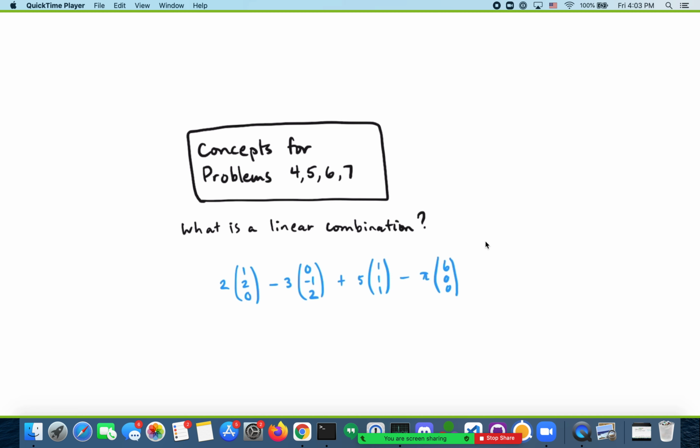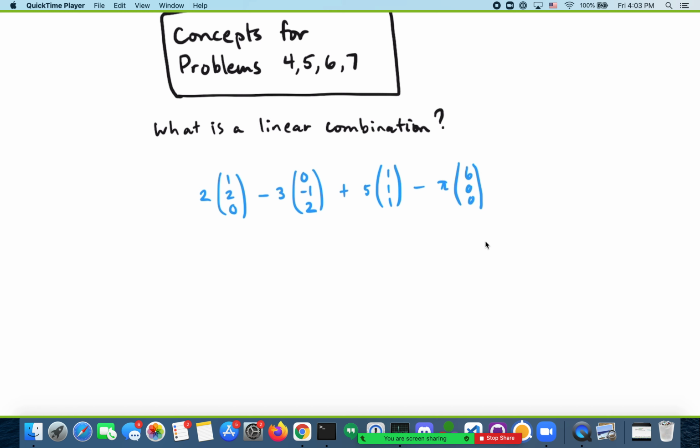Well, I always start with an example. So here's an example. This is a linear combination of four vectors in R3. Each of the four vectors is in R3.